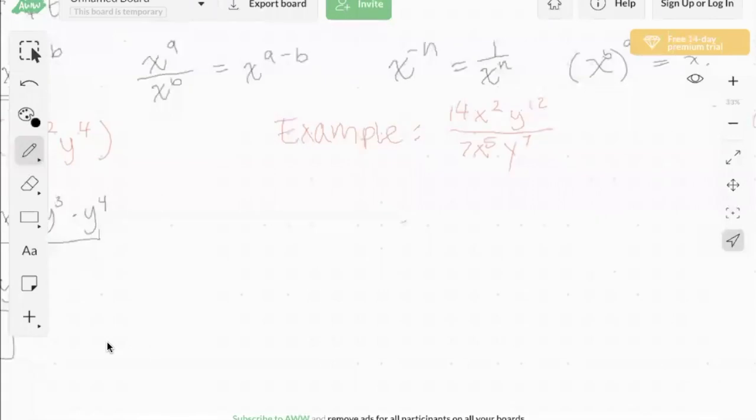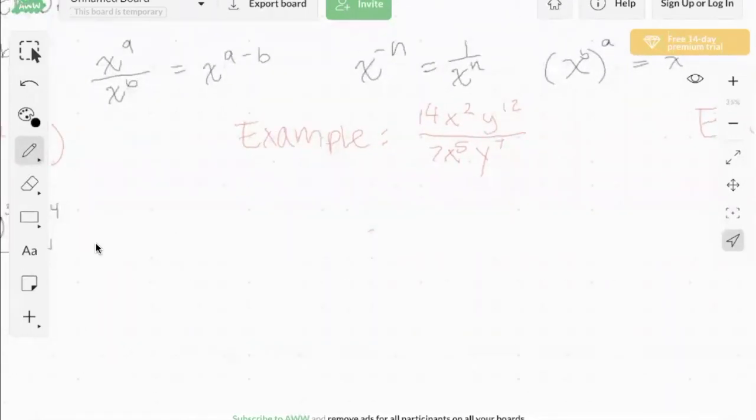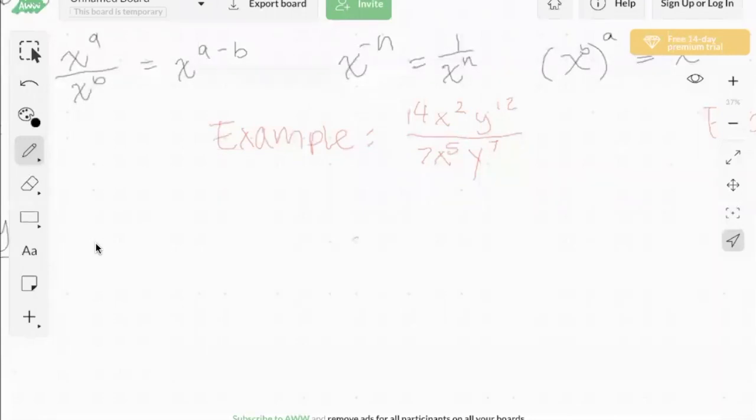The next one. We have 14 times x squared times y to the power of 12 divided by 7 times x to the 5th times y to the 7th. Same as the first one, we want to split the numbers and variables up into their own respective groups. So we have 14 over 7 times x squared over x to the 5th times y to the 12th over y to the 7th.